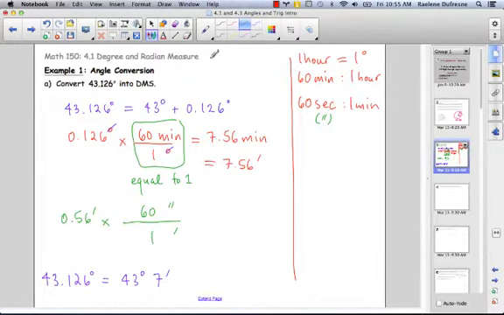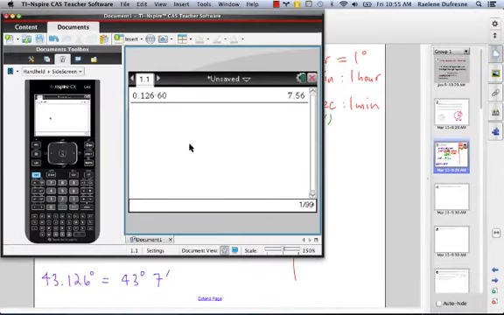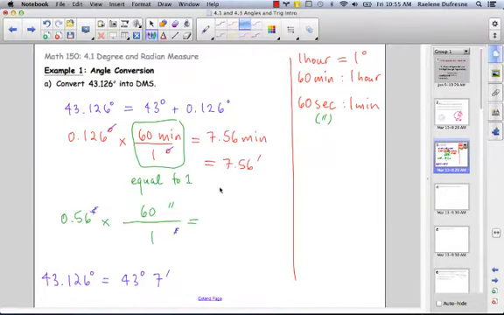And so when we multiply through, the units of minutes will reduce, and we multiply 0.56 times 60, and we see 33.6 seconds.